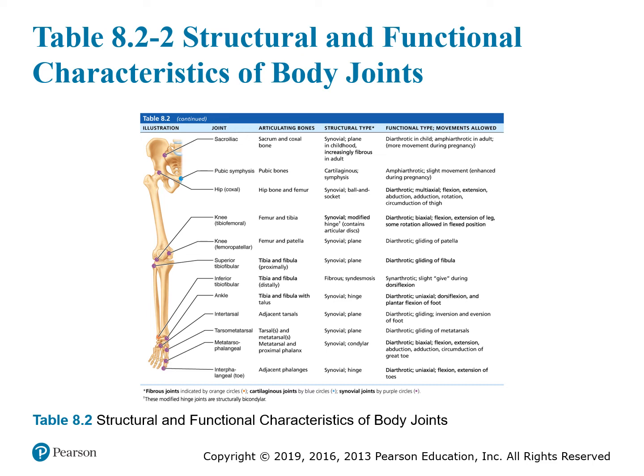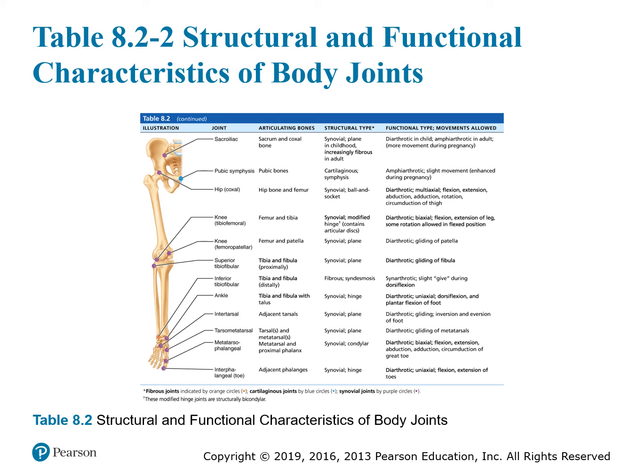Moving proximally, we have the ankle joint, which consists of the tibia and fibula with the talus. This is considered a synovial joint, a hinge joint. Functionally, it is diarthrotic, uniaxial, and it allows for dorsiflexion and plantar flexion of the foot.